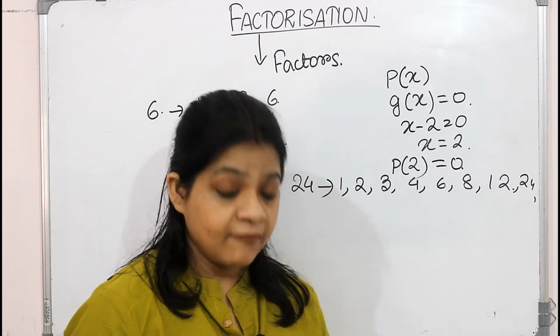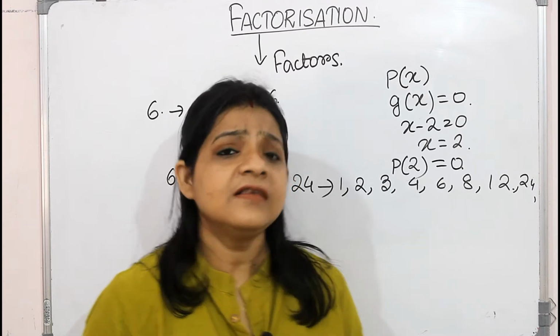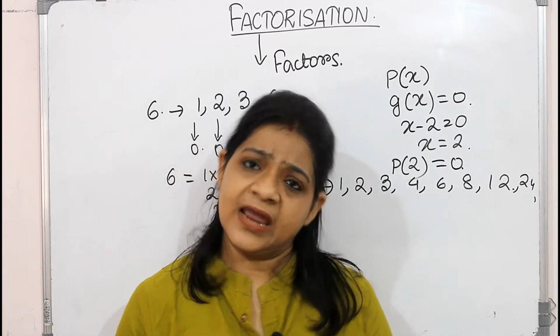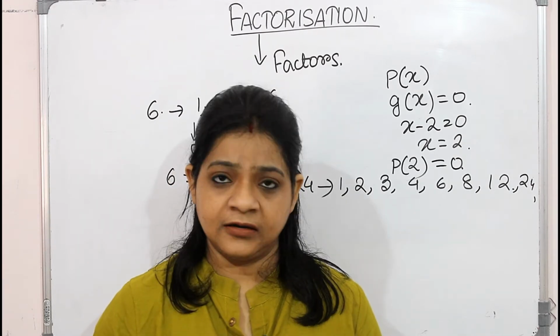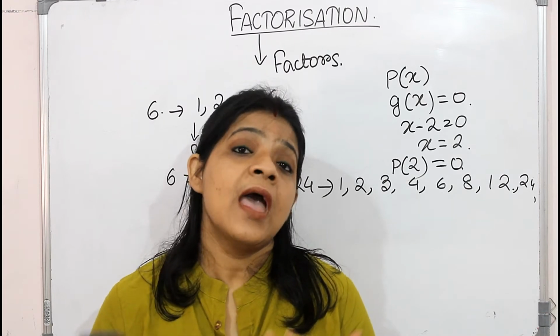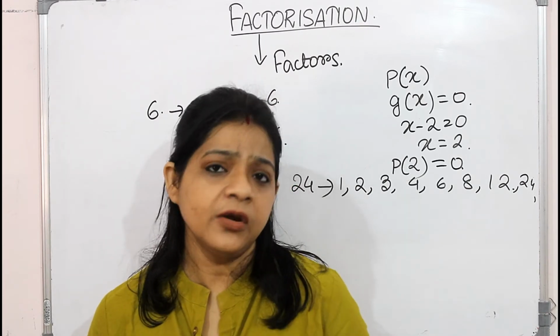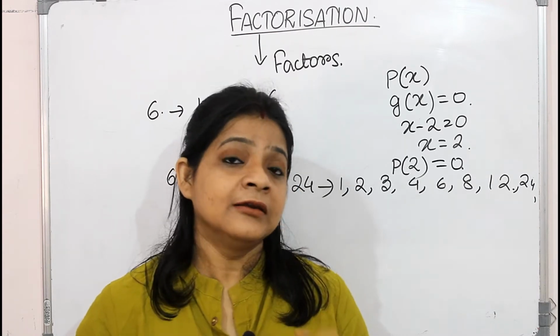So these are the factors of 24. These things are all about numbers. Any number that is given to you, you can easily find the factors of. Now when it comes to algebraic expressions like polynomials, things get a little bit different.